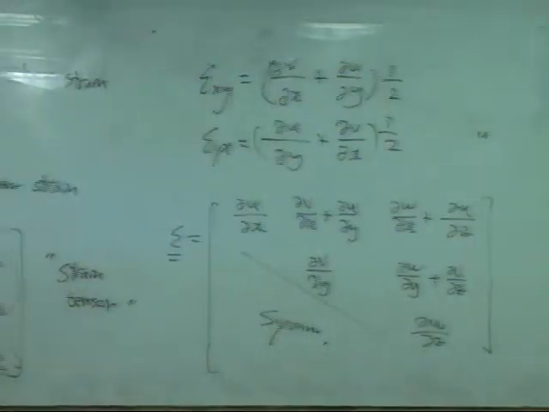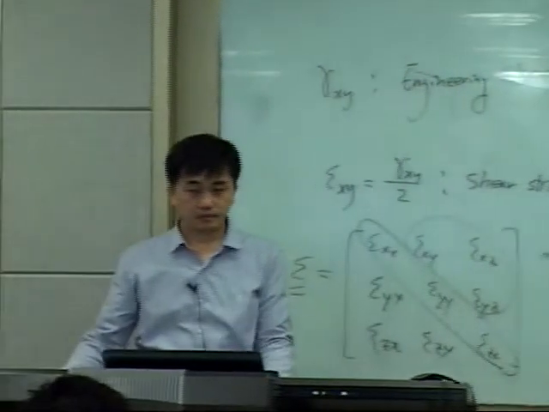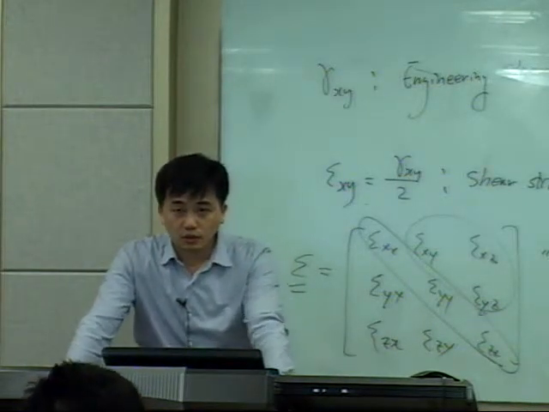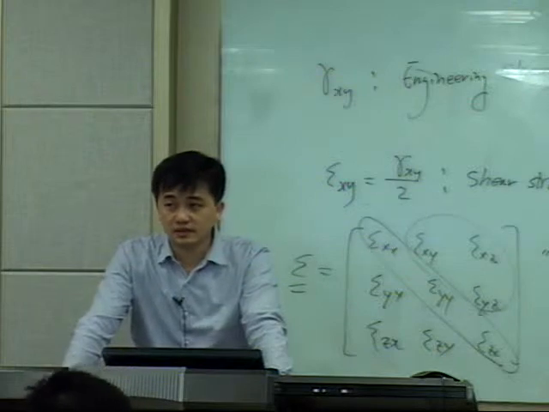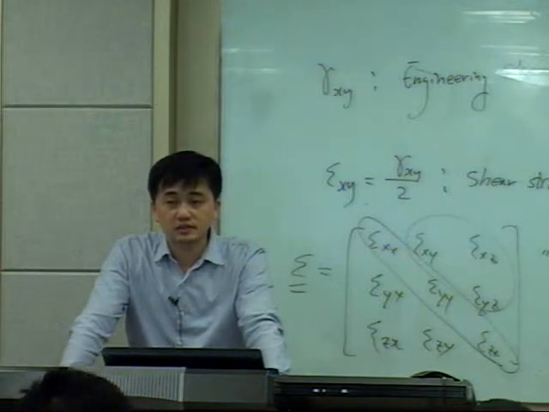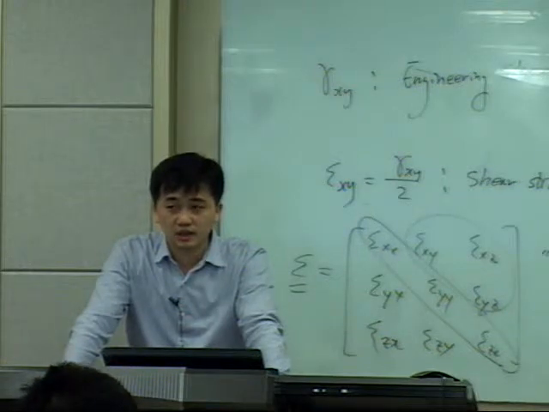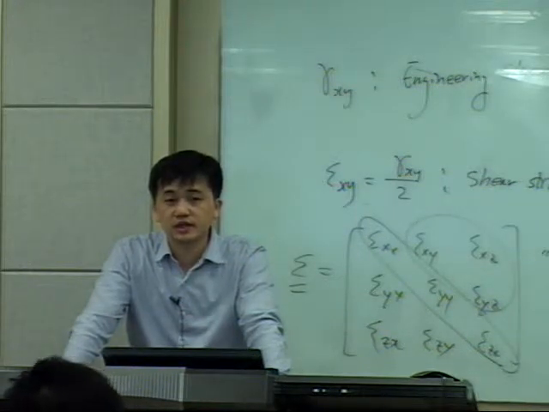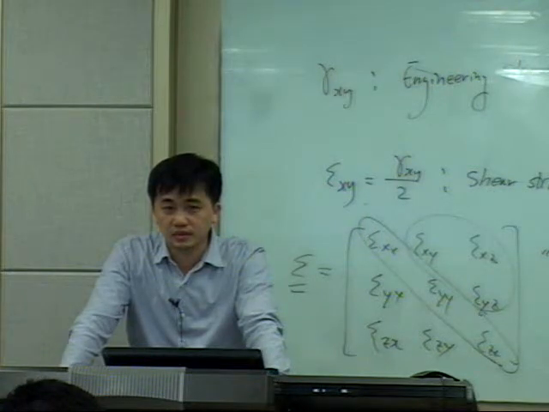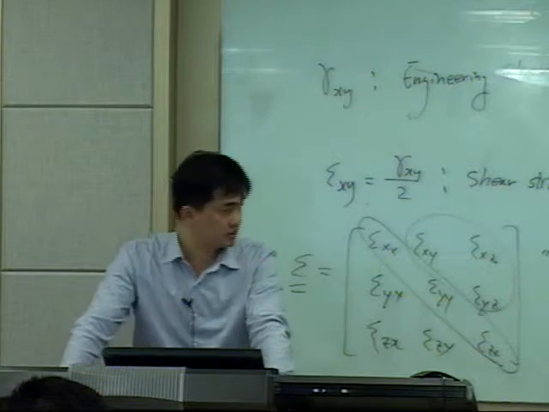Here, the very, very important assumption for the use of this strain tensor is that displacement is very small. So strain is also small. It is named the small displacement, small strain assumption.